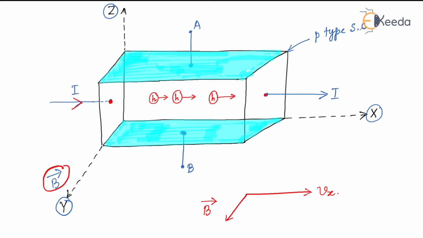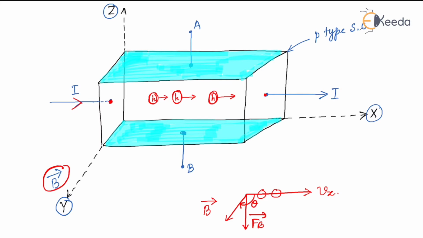Now, according to the Lorentz law, these holes traveling with the velocity Vx will experience a force in the downward direction, because theta is in the clockwise direction. That means these holes will experience a force in the negative z direction.